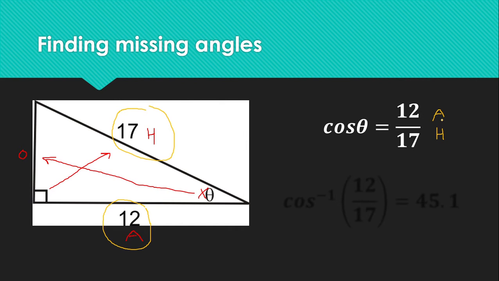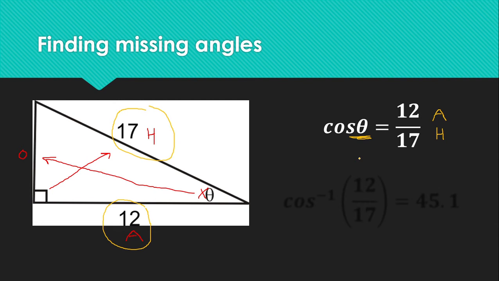Now, this is a little different because I can't type cosine theta into my calculator. That's not going to do anything. Really, we want to get this angle by itself, so we have to undo the cosine. And the way we do that is called inverse cosine. So on your calculator, if you look at the cosine button, right above it in blue, it'll say cos with -1. That's the inverse cosine button.